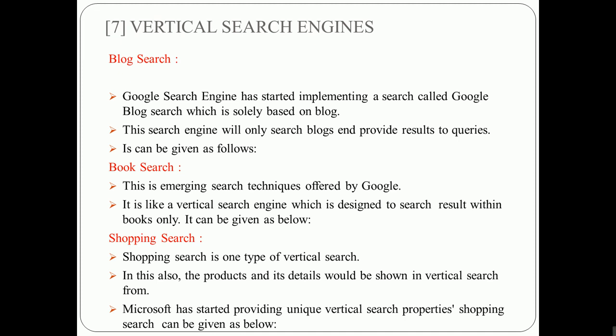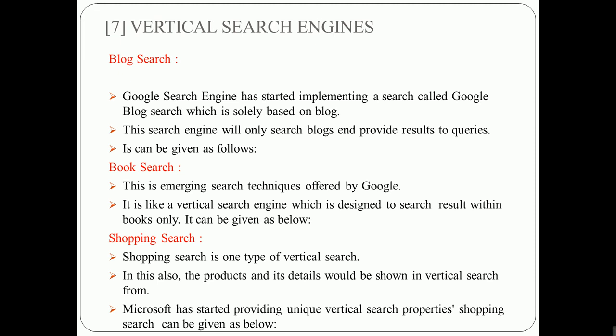So shopping search is one type of vertical search. Shopping is also providing a vertical search result to the user. The product and its detail would be shown in a vertical search box.